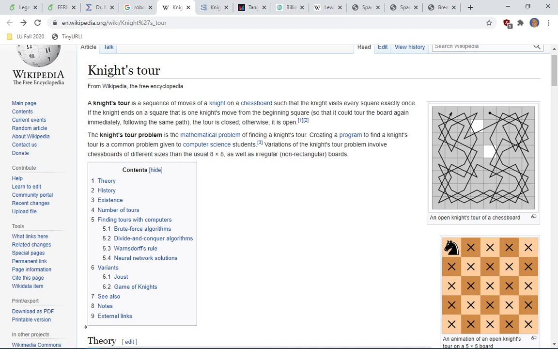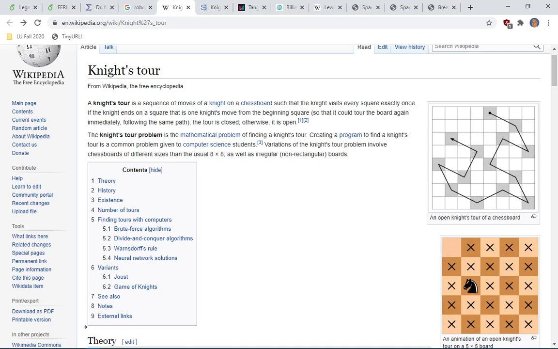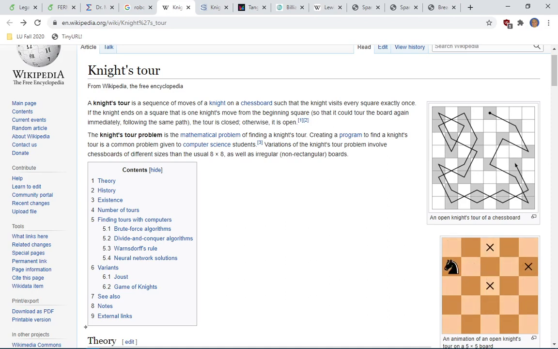There are lots of mathematical, recreational, or computer science questions that come out of this situation, where you want the knight to go through all the squares of the chessboard without repeating its location, requiring that it covers all the squares.